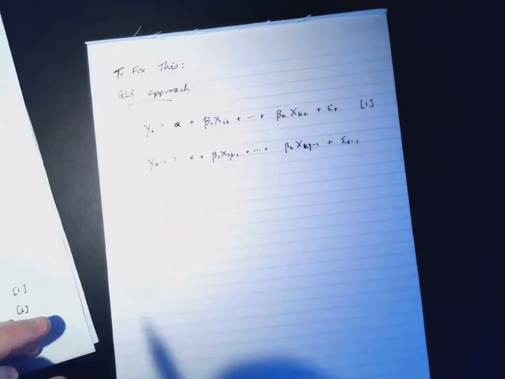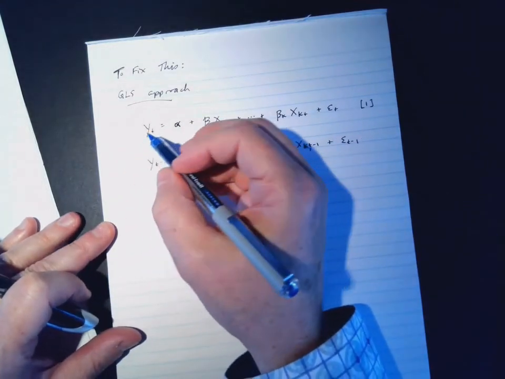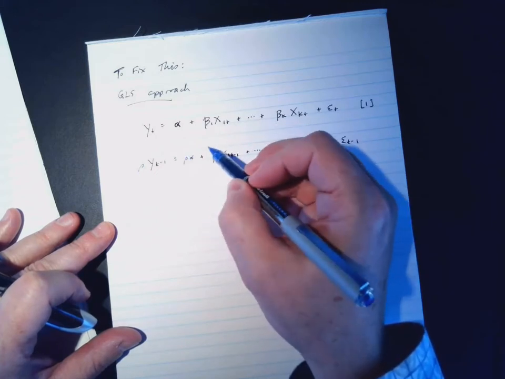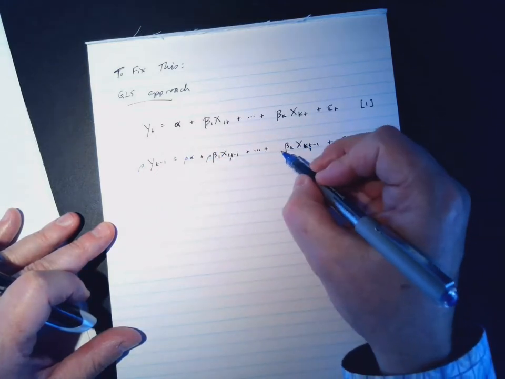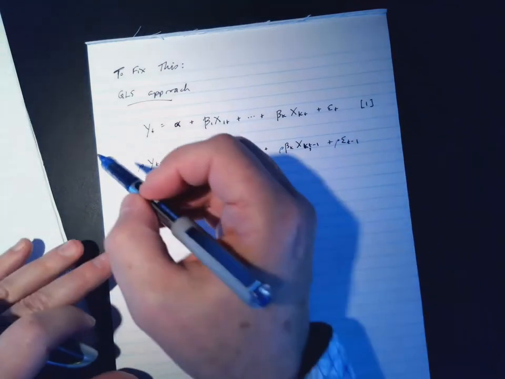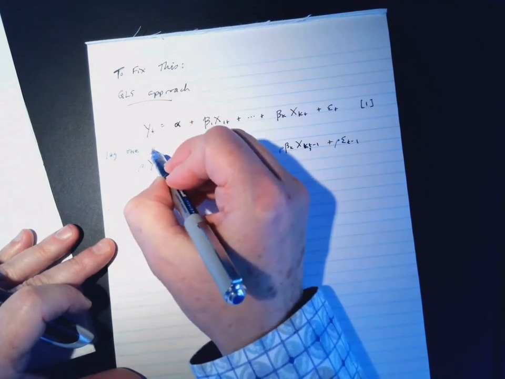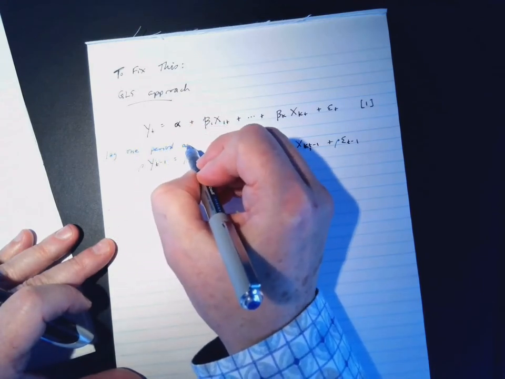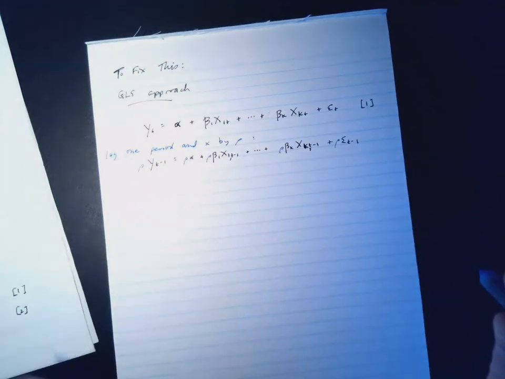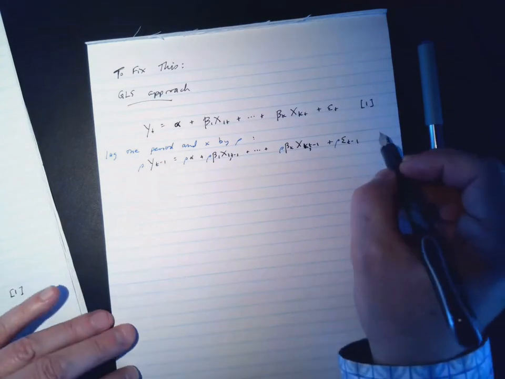But now I'm also going to multiply through both sides by rho. So I just have to multiply a rho in front of everything. Okay, so lag 1 period and multiply by rho. And we'll call that equation 2.